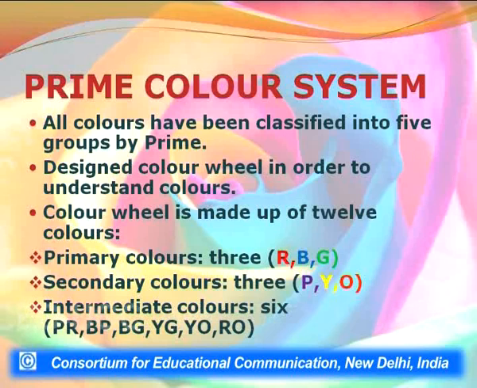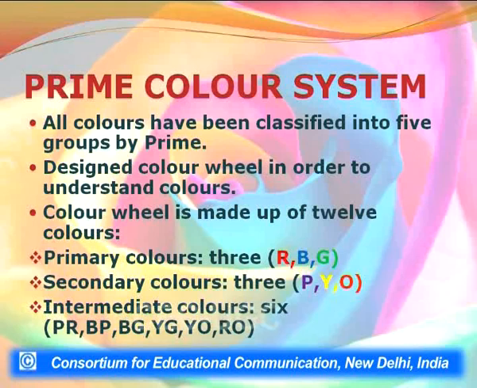Of the 12 colors, there are 3 primary colors. These are red, blue and green. Whenever you mix 2 primary colors, it gives a secondary color. So there are 3 secondary colors, and these are purple, yellow and orange. When we mix red and blue, it gives purple.